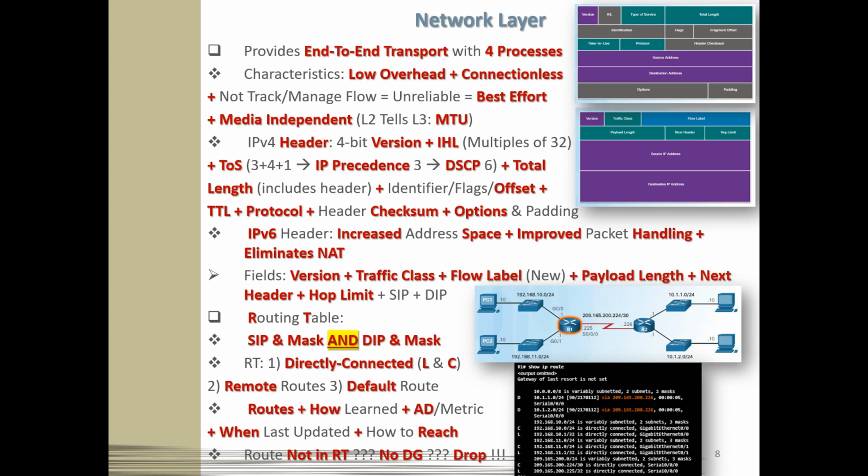So if we compare these two together, then we come to know that the destination subnet or destination network is 2.2.2.0/24.